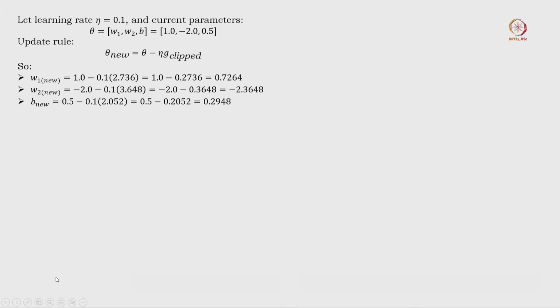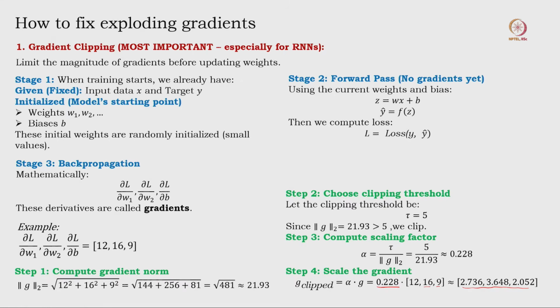Ideally we were supposed to multiply it with 12, 16 and 9, but here we have used the clipped gradient. So, those values have been used. Because of this you can avoid it; this is the most popular method called gradient clipping.